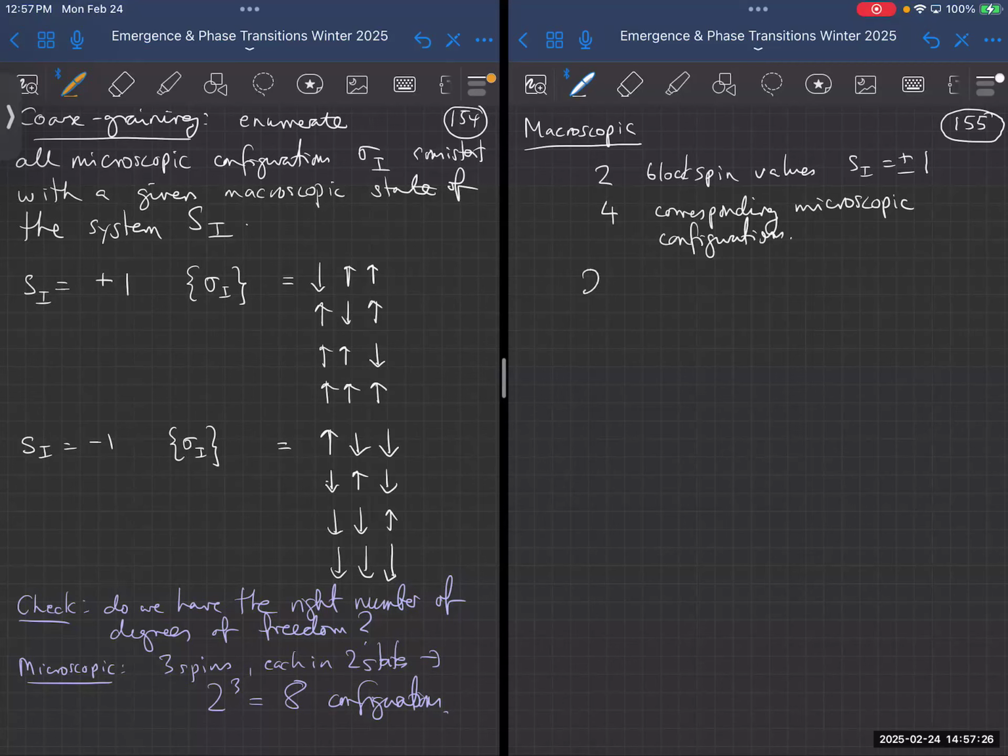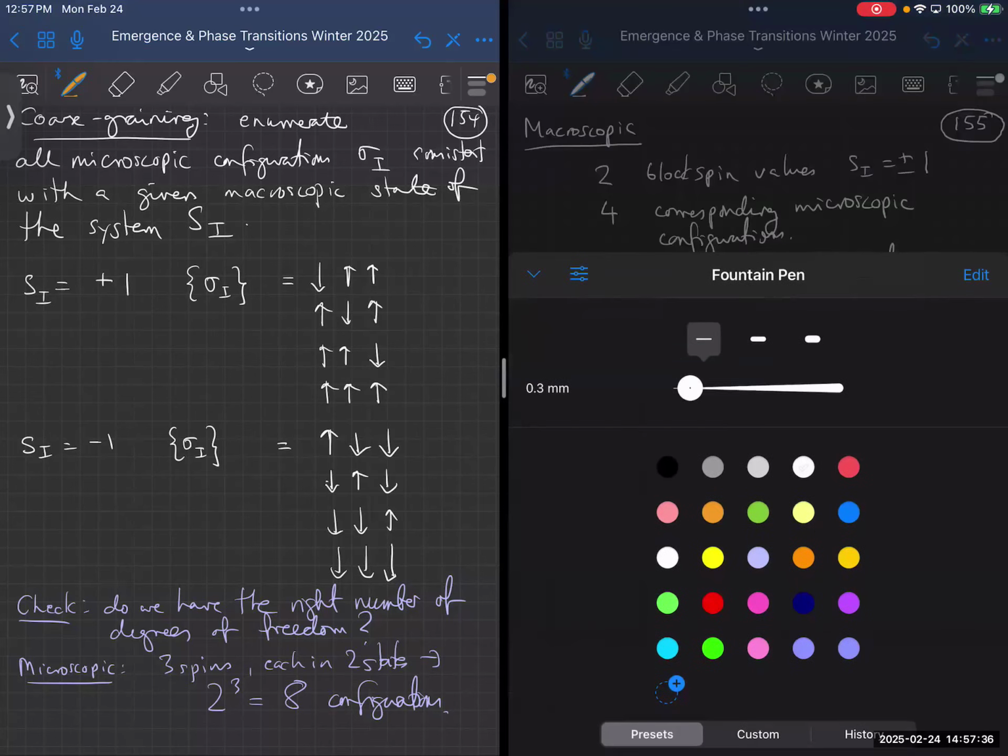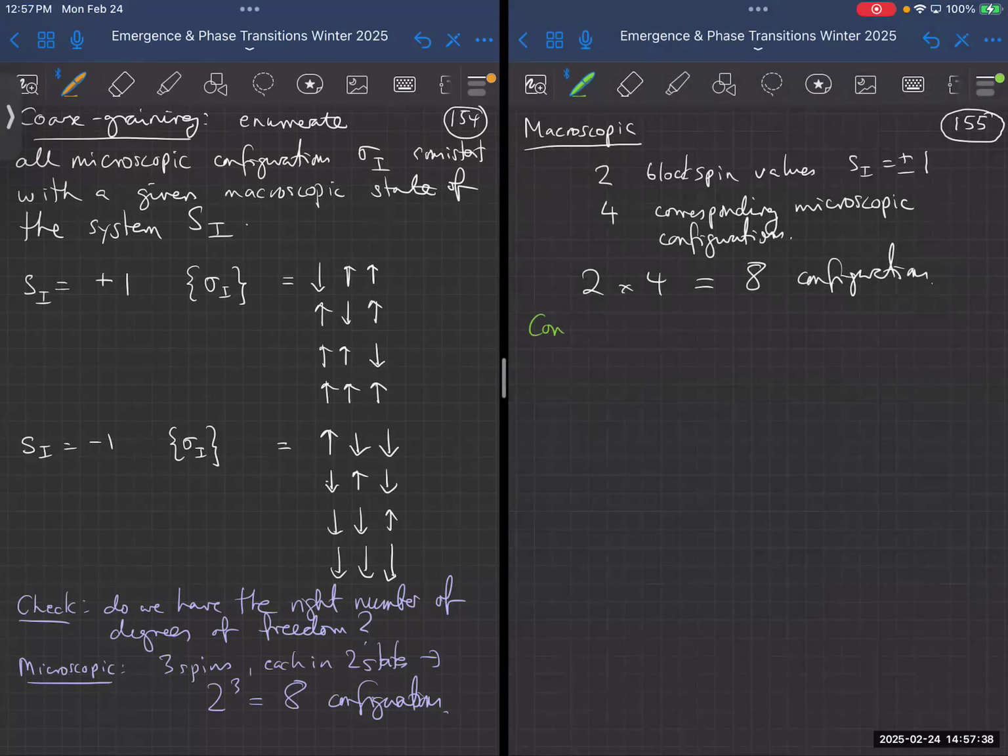And so therefore I've got 2 times 4 is equal to 8 configurations. So what is my conclusion from this little calculation? What we conclude is that these descriptions are equivalent.